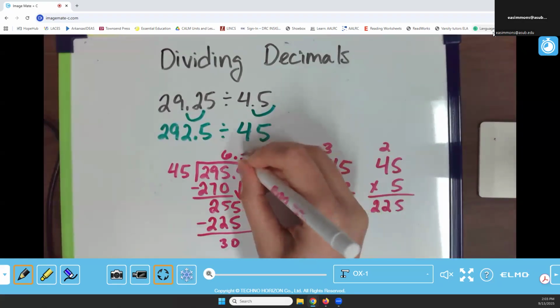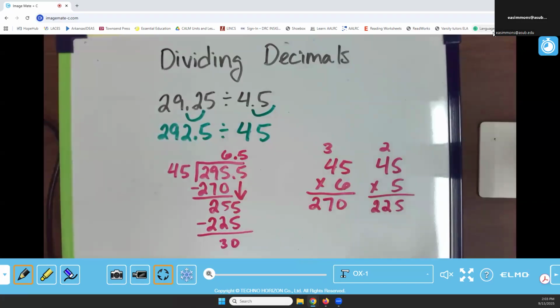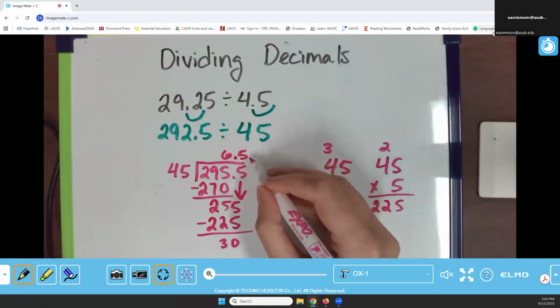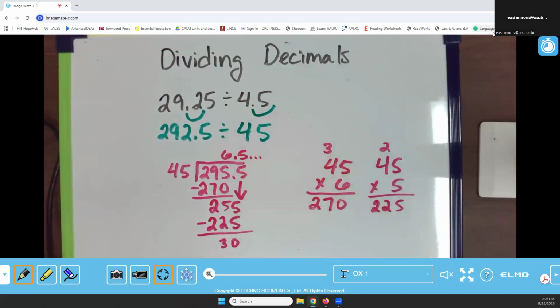Oh, and I forgot to put my 5 up there. So we've actually got a remainder of 30. I believe this is going to be one that has a repeating decimal, so we'll just say we're going to cut it off. We'll put a ... at the end.